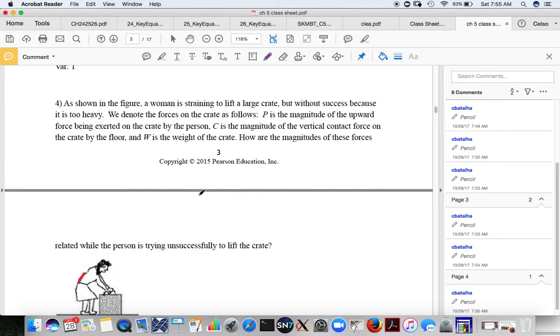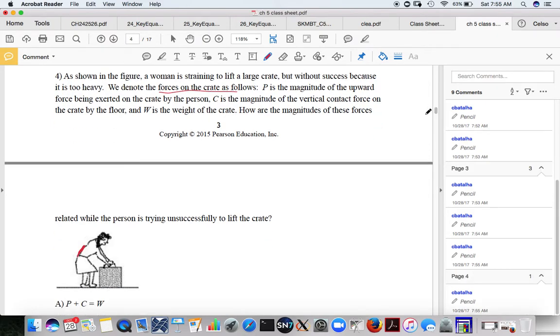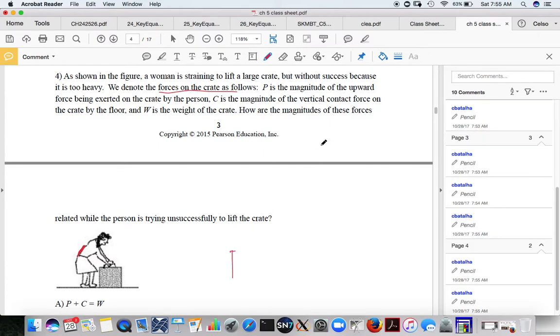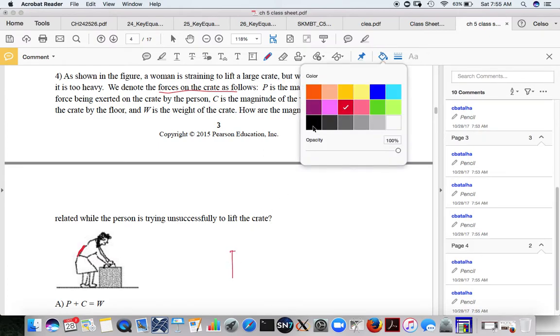So I show in the figure a woman straining to lift a large crate, but without success because it's too heavy. We denote the forces on the crate as follows. P is the magnitude of the upward force being exerted on the crate by the person. So let's take the crate out.